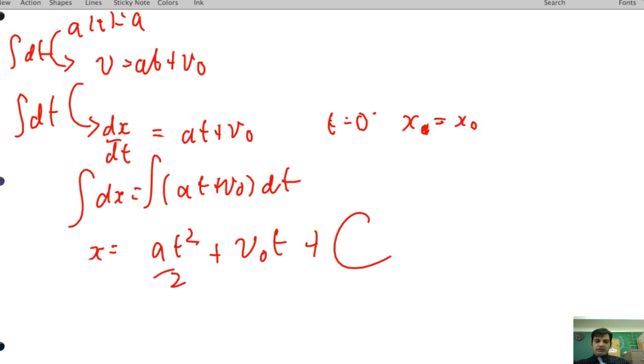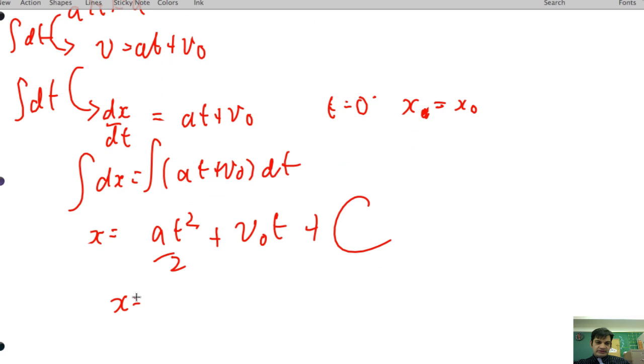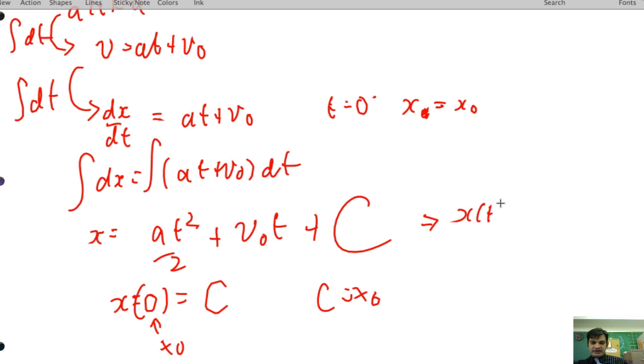I plug in 0, and I get x at 0 equals c. Well, we know that x at 0 equals x naught, so c equals x naught, and I get an expression for position, which is x of t equals 1/2 at squared plus v naught t plus x naught.